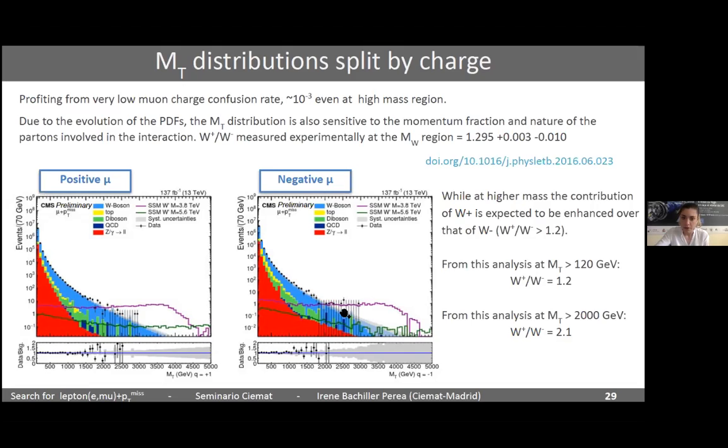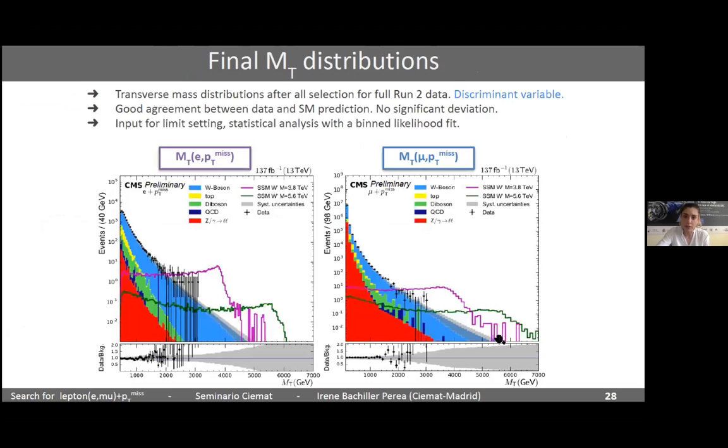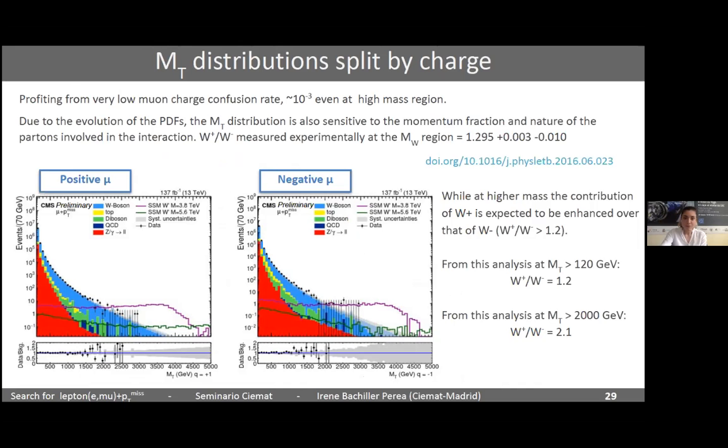And once you have everything together, the excess is only these 2 points. No, it's not significant. It cancels out when you add the 2 charges, because the other is under, but.